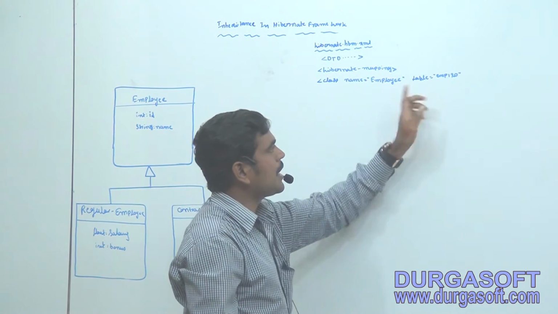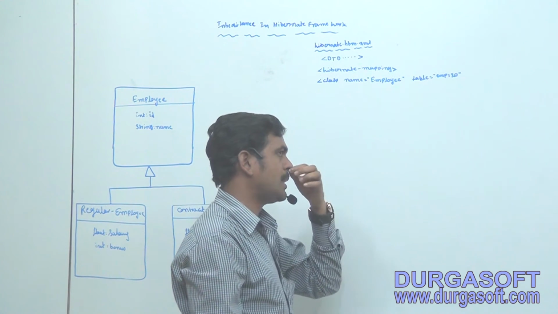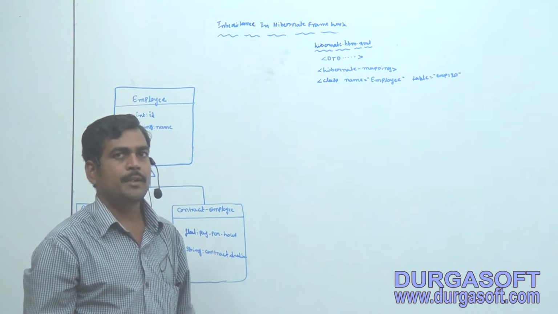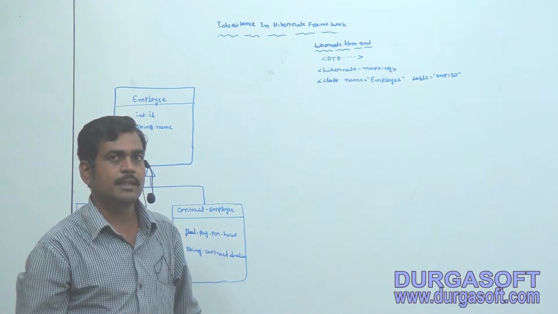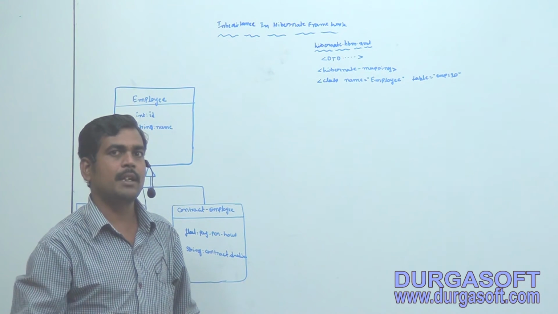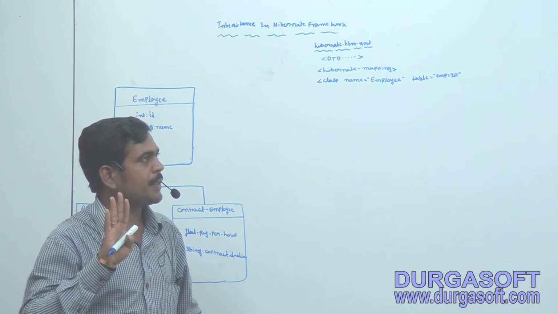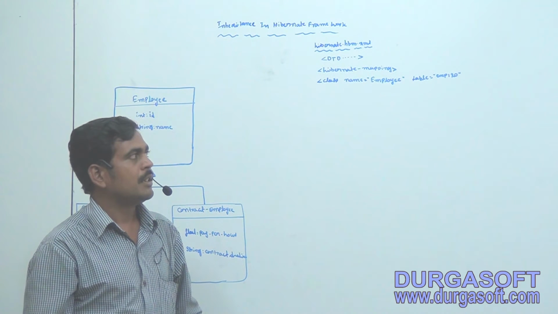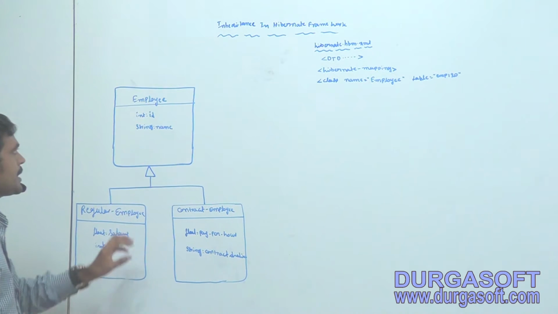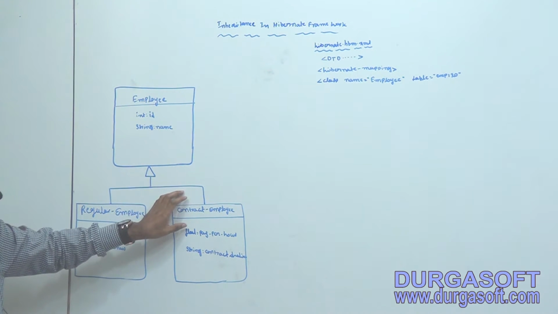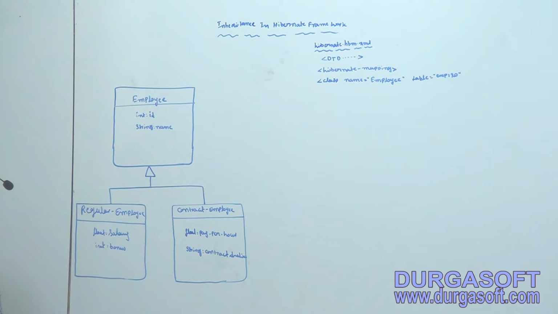Along with this class, we have to take one predefined attribute called discriminator-value. Why are we taking that discriminator-value? We are going to store regular employee data, contract employee data, and normal employee data in a single table.